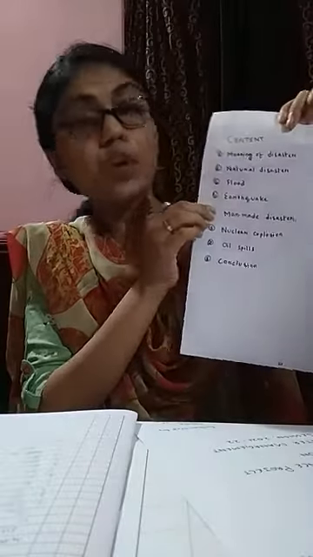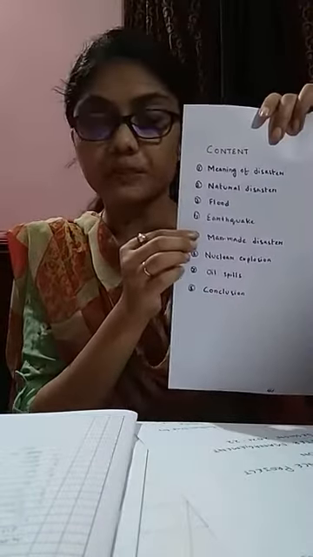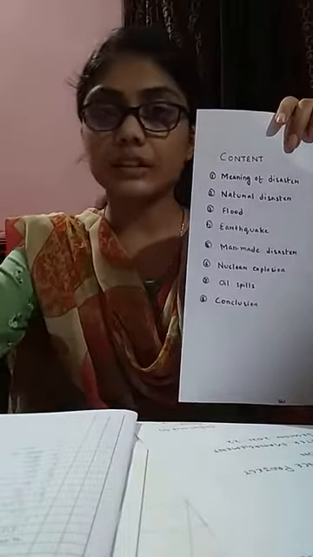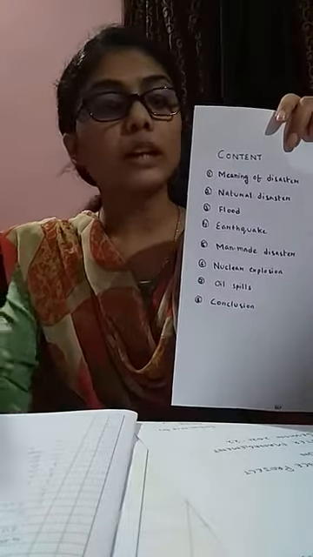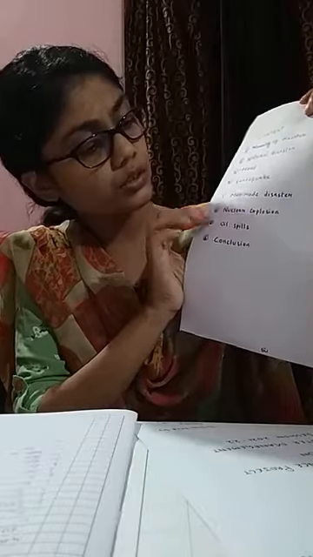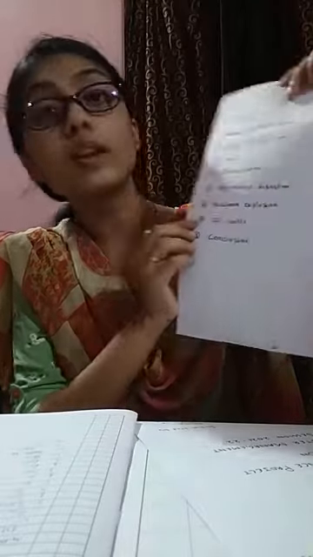After that, we have man-made disaster. You need to mention on the next page what a man-made disaster is. We people are doing a lot of things that are causing damage and disaster. So you have to mention what a man-made disaster is, and under it I have written nuclear explosion and oil spills.